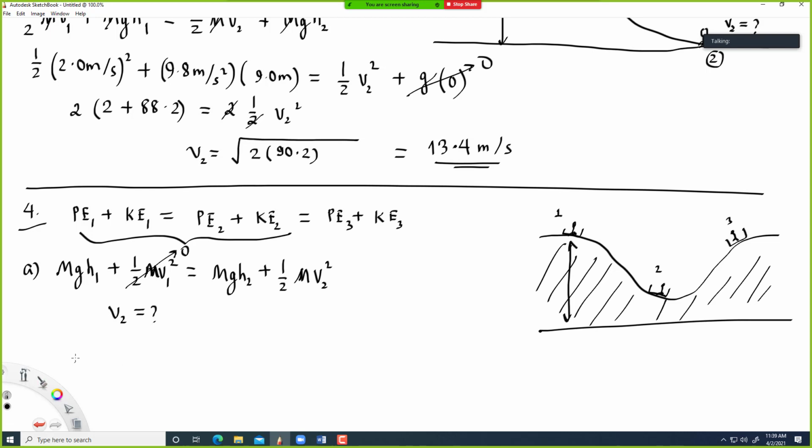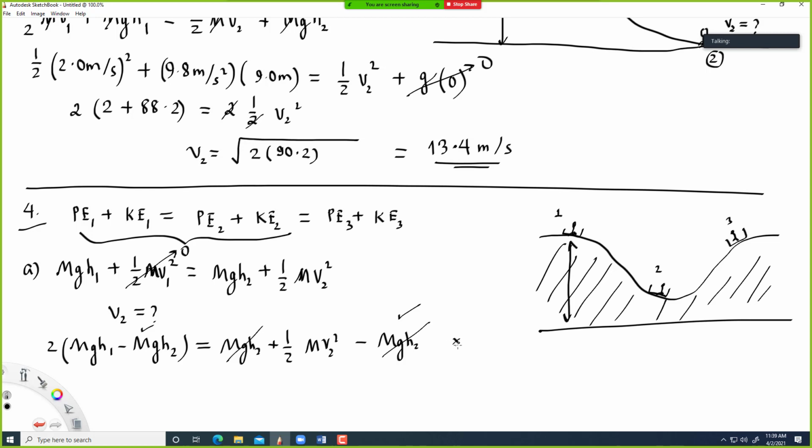So to find v2, you can subtract mgh2 on both sides. mgh1 minus mgh2 equals mgh2 plus 1/2 mv2 squared minus mgh2. I'm subtracting mgh2 on both sides, so this and this cancel, and then multiply both sides by 2, and then also divide both sides by m to get rid of that m.